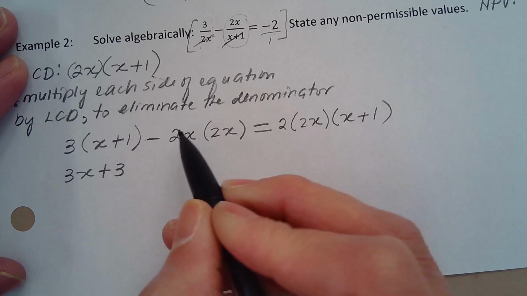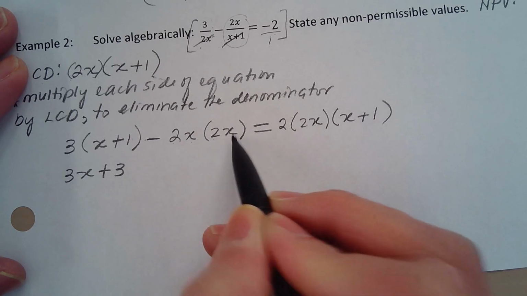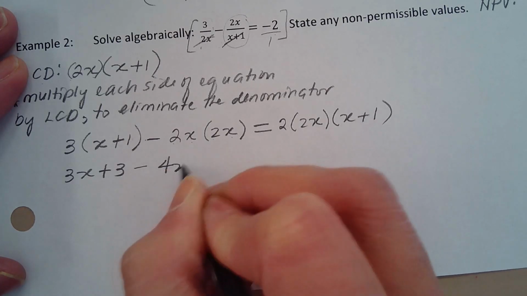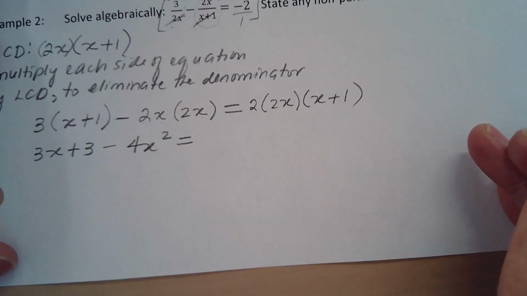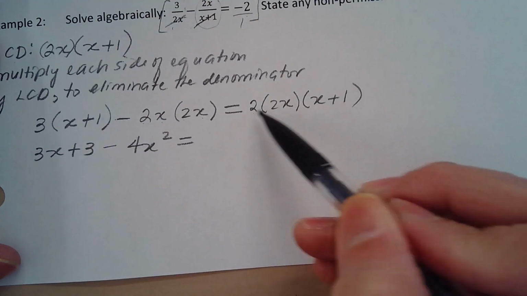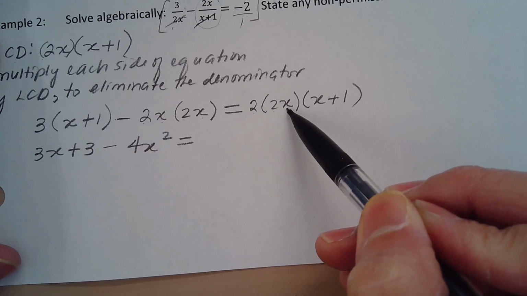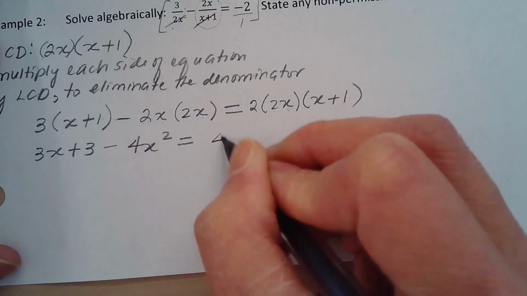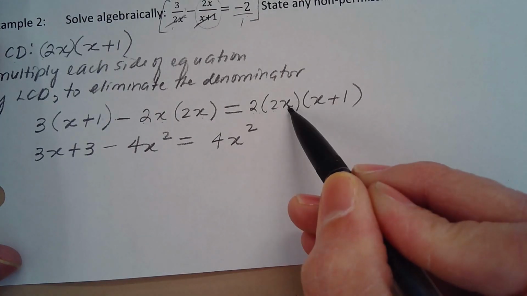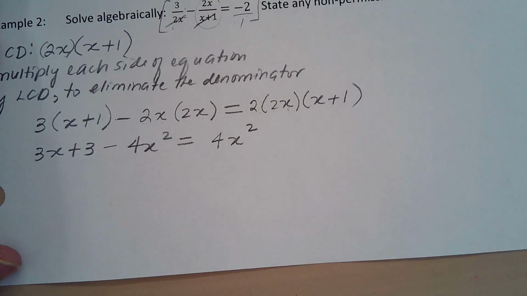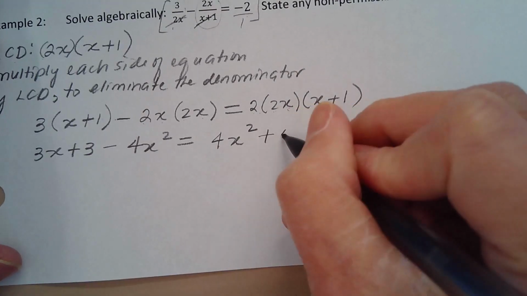And then this one here, negative 2x times 2x, that's going to give us negative 4x squared equals, okay, so this is going to be 4x squared, and then 2x, that's going to give us plus 4x.